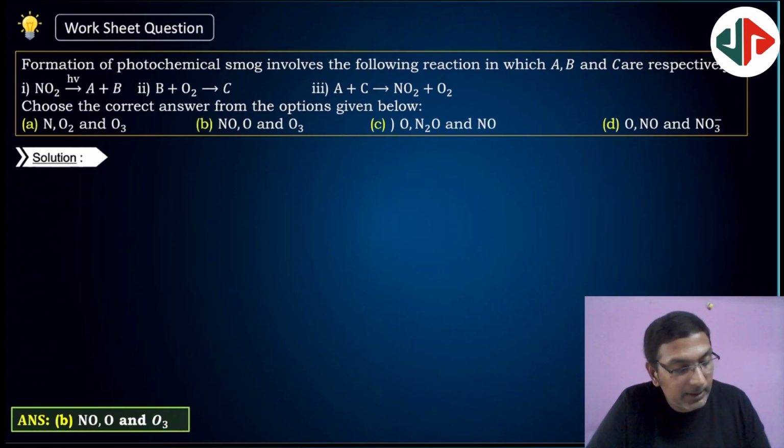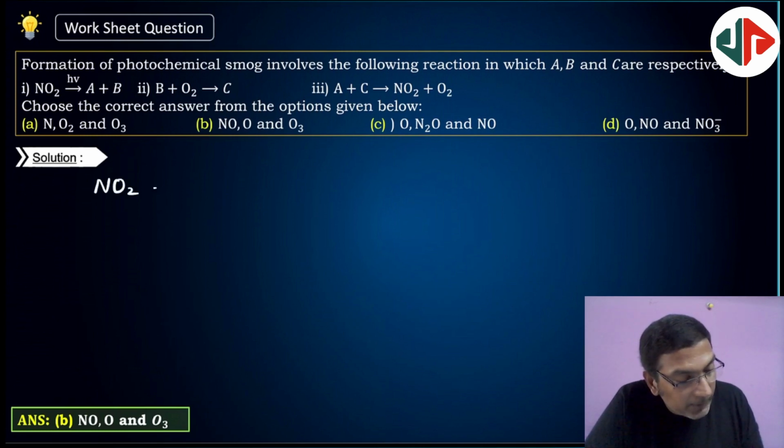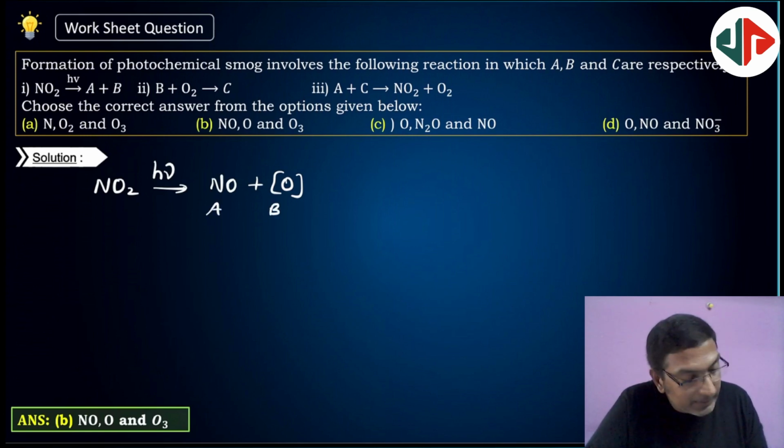So formation of photochemical smog involves the following reactions in which A, B, C are respectively. We have to write equations here. First, NO2 in the presence of sunlight dissociates to NO plus O, nascent oxygen, which is A and B. Next, B combines with O2 to form O3.